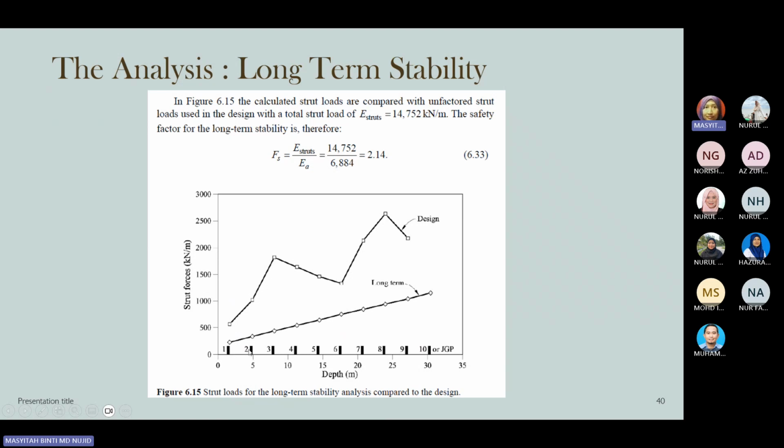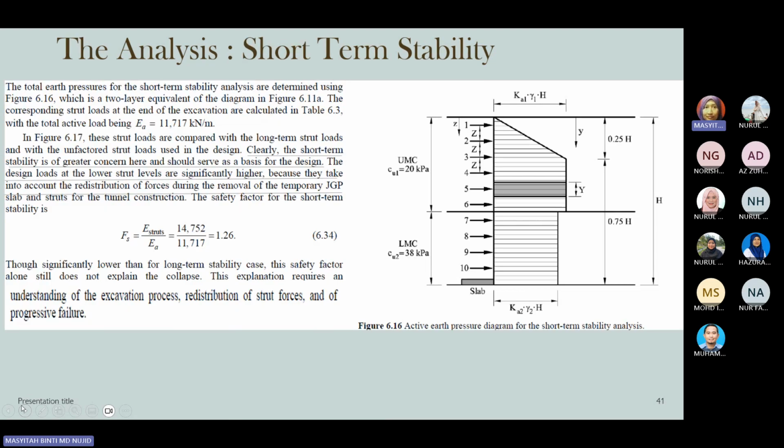So you can see as well, the design estimated the value of the strut force higher compared to the estimated or calculated one, which is quite low. The strut force is quite low, meaning that it cannot actually support the loads applied to the soil. But the design says the strut force is capable of supporting the loads, or the strut force is higher.